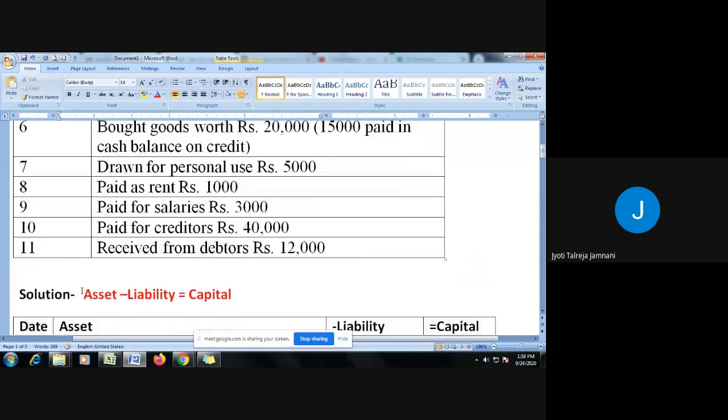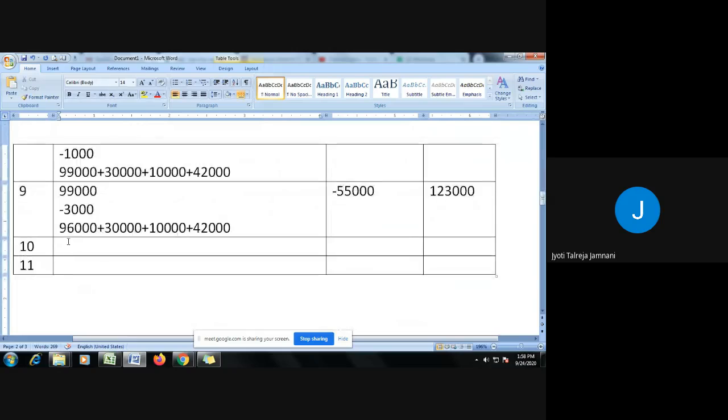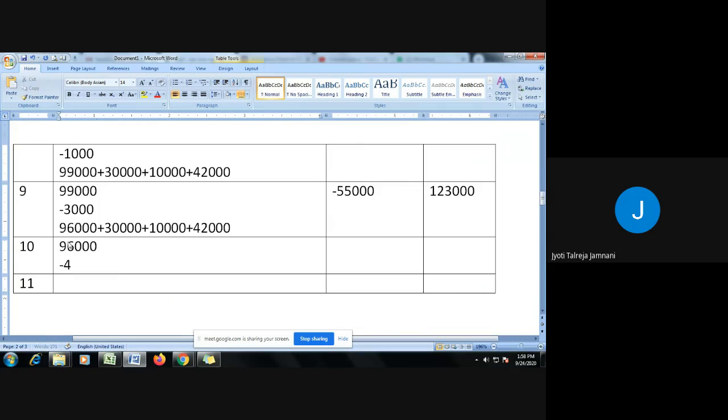10th, creditors rupees 40,000. So from cash we are paying 40,000 to creditors. A cash of 96,000, from this balance 40,000 which I have to pay to creditors, plus 30,000 is goods, 10,000 is furniture, and 42,000 is my debtors. These are my creditors, the creditors of 55,000.